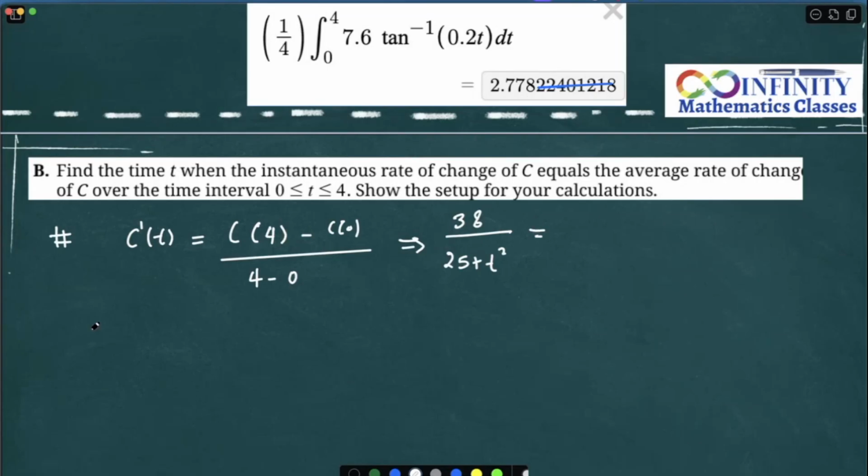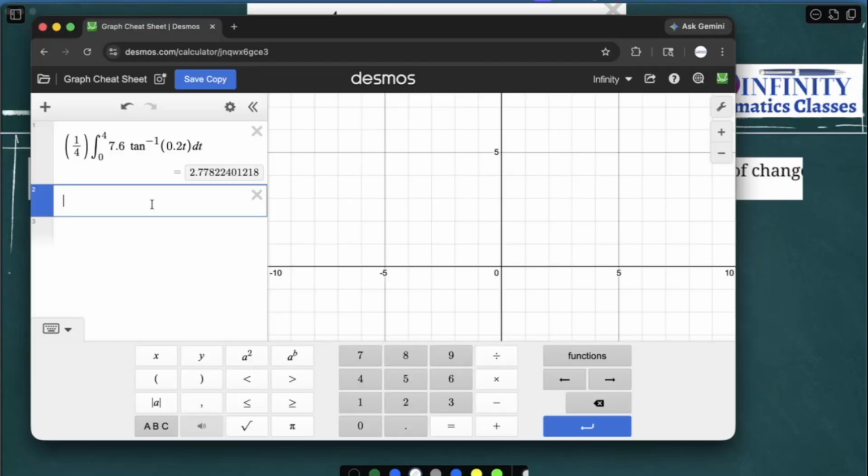On the right-hand side, I need C(4) minus C(0). C(0) is going to be 0 without any issue. I'll show you how. The function was 7.6 times 10^(-0.2t).